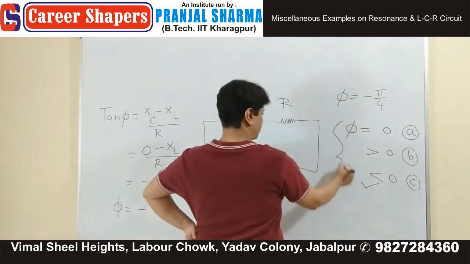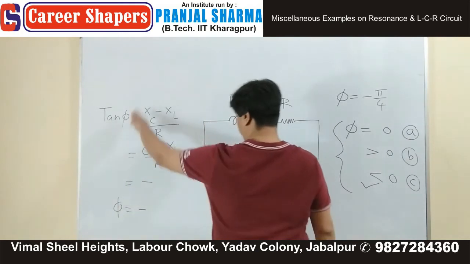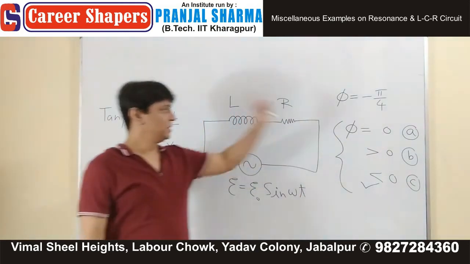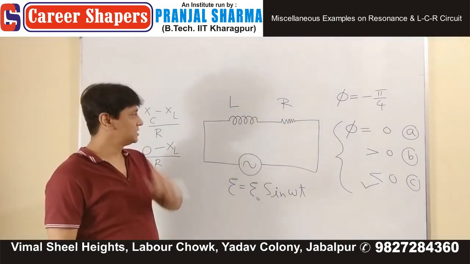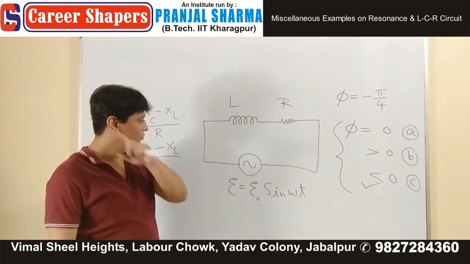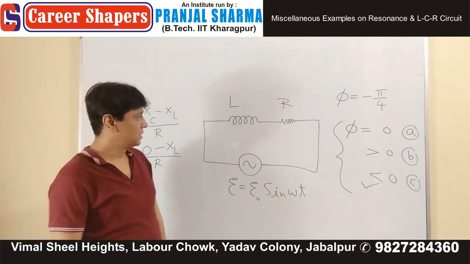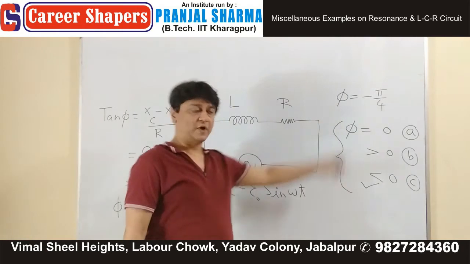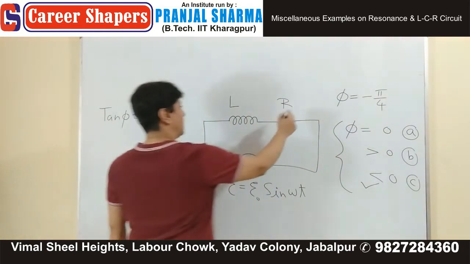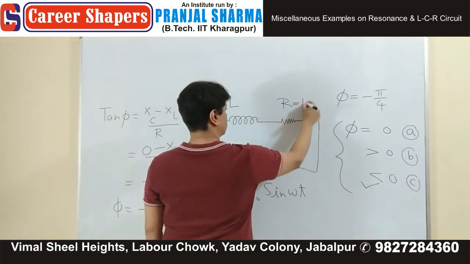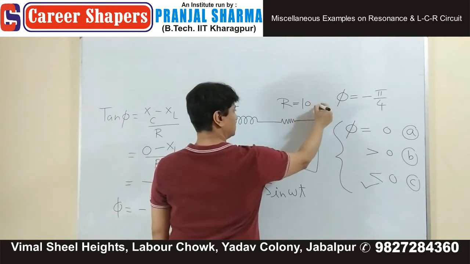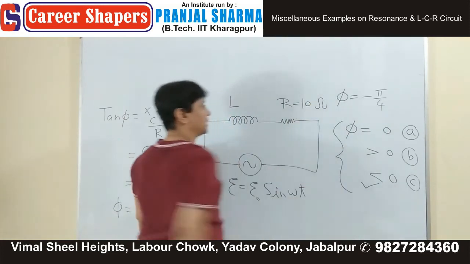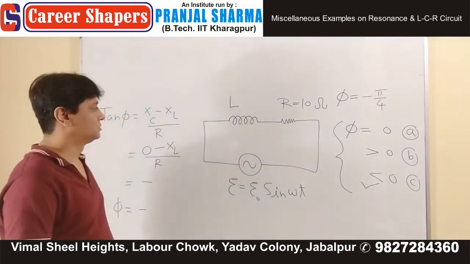You're supposed to get the value of phi, which is coming from this, that should be negative. Now the question says phi is minus of pi by 4. That's the value of phi. R is 10 ohms.